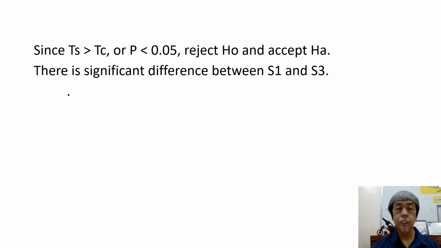Since the T statistic is greater than the T critical and P is less than 0.05, we reject the null hypothesis and accept the alternative hypothesis. There is significant difference between S1 and S3.